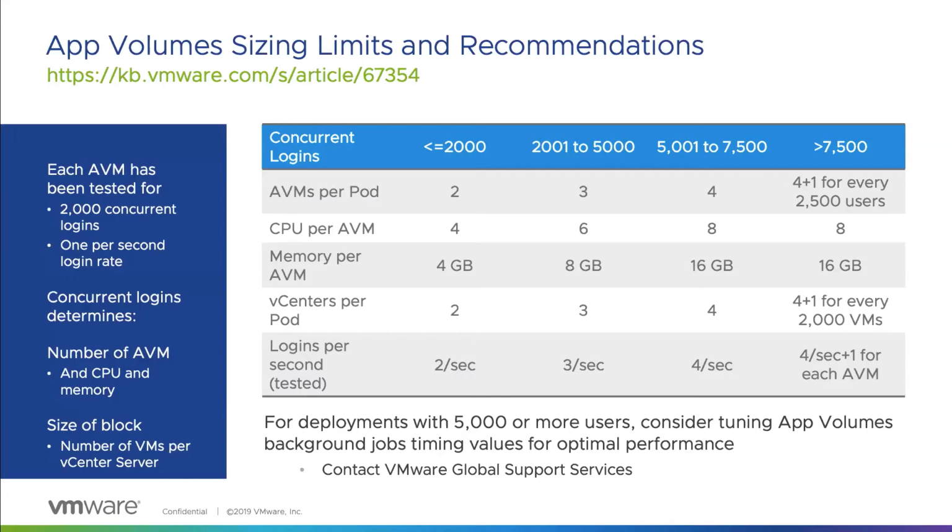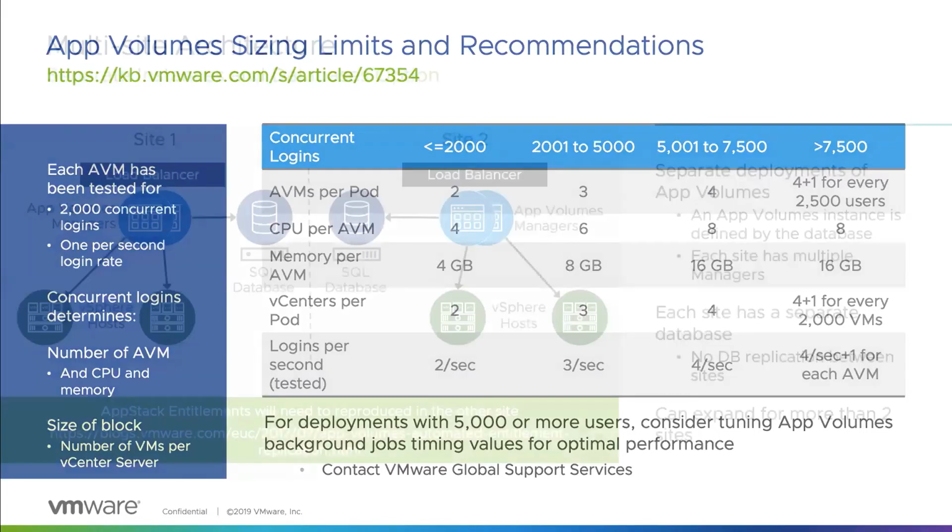So if 100 of your 2,000 users log in at the same instant, they are potentially queued over 10 to 15 seconds. That's a consideration you have to take care of. But that's rarely the case, because users log in at different times, even if they try their best to time themselves. It's good practice to keep App Volumes Managers, though it scales quite well to 2,000 users.